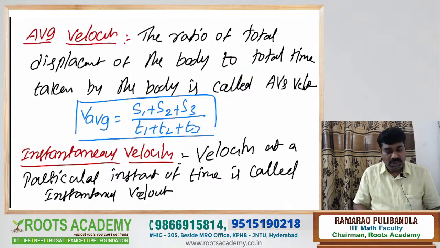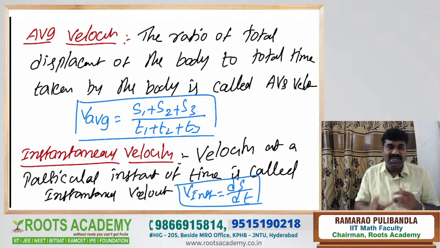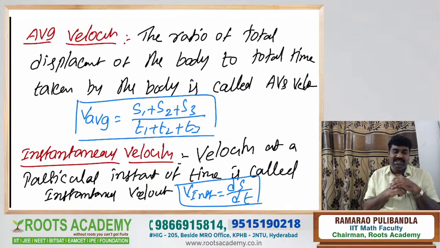Here, V instantaneous is equal to ds by dt. Velocity at a particular instant of time is called the instantaneous velocity.